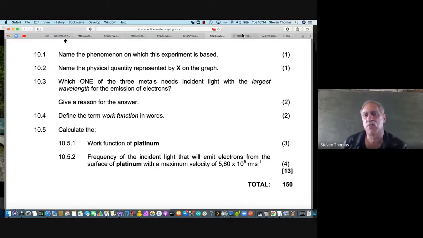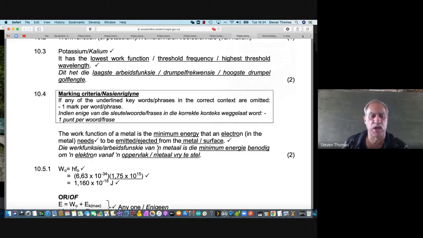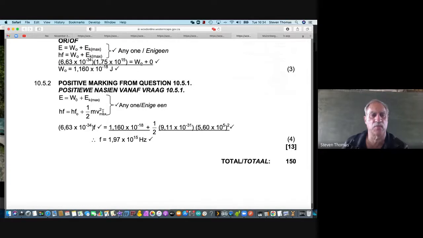I've got the memo here because that sounds really complicated, so let's just see. So there's E equals work function plus EK max. We've worked out the work function. So then we have the half, there's the mass of the electron, there's the velocity that they give us, squared, equals Planck's constant times frequency.